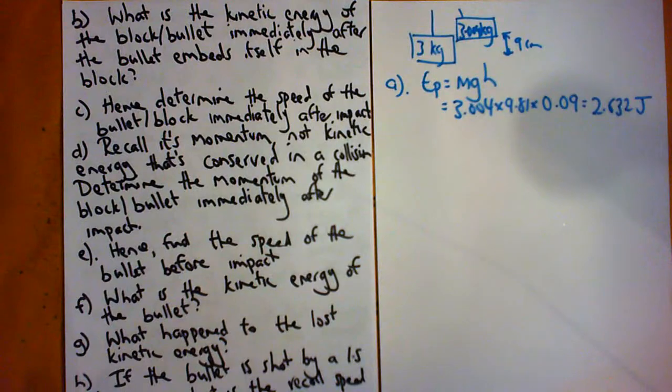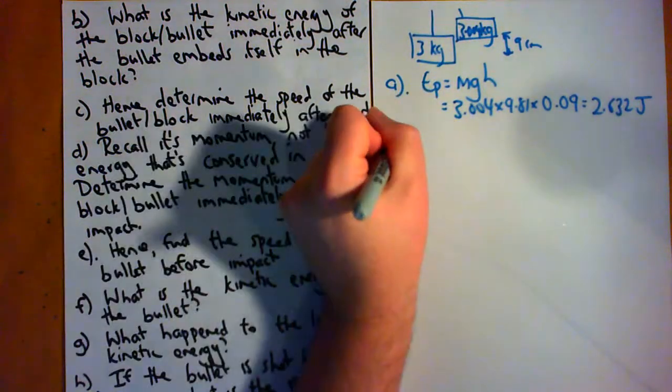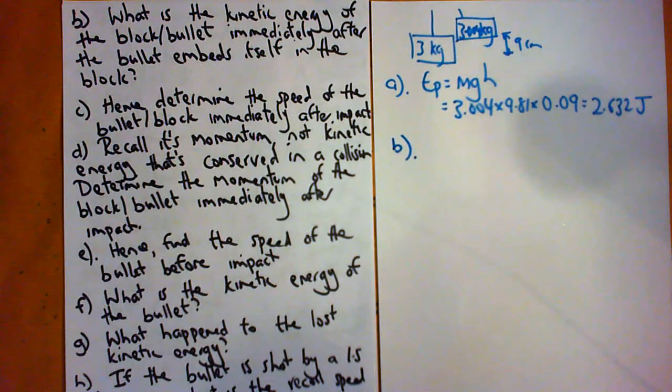Now question B, we need to determine the kinetic energy of the block bullet immediately after the bullet embeds itself in the block. So as we just pointed out, the kinetic energy of the block bullet combination immediately after impact gets converted into potential energy on the upswing.